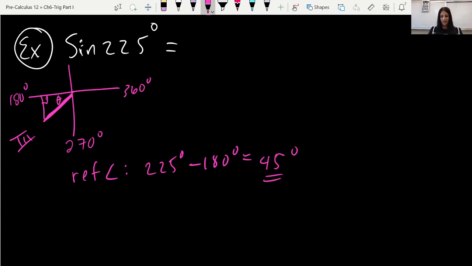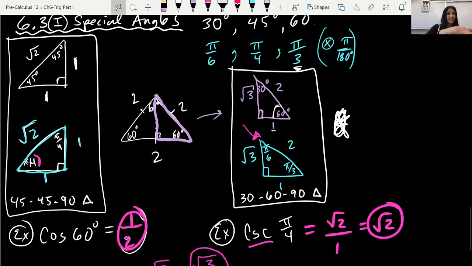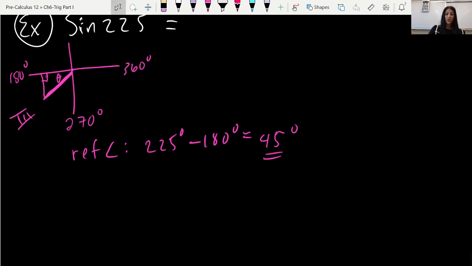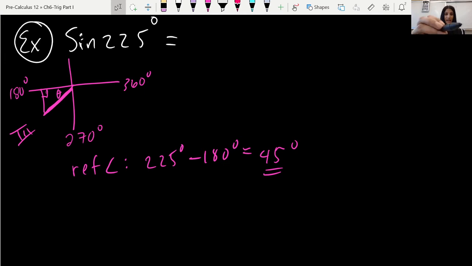Okay, so I know that this angle is 45 degrees, and we just went through these special triangles. That one stands out to me because I know it's from my special triangles. There's another thing I want to think my way through here though. I'm thinking of sine, and I know sine is opposite over hypotenuse, or another way we could think of that is opposite would be y over the r value.